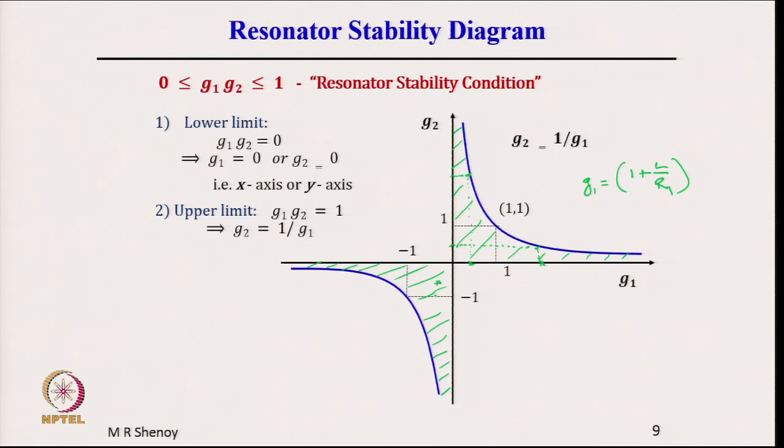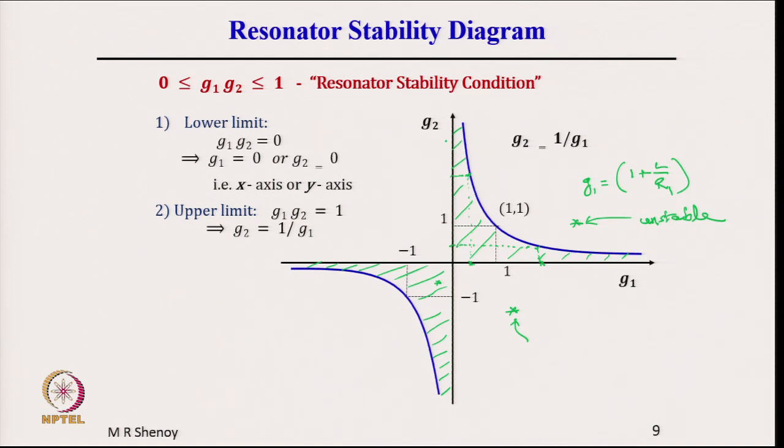If for the given resonator G1, G2, that is the x coordinate and the y coordinate is such that the point is here, then this is an unstable point or unstable resonator. So, for any given resonator, if we check the G1, G2 coordinates and if the G1, G2 comes here, then this is unstable, this is outside. If it comes here, this is also unstable.